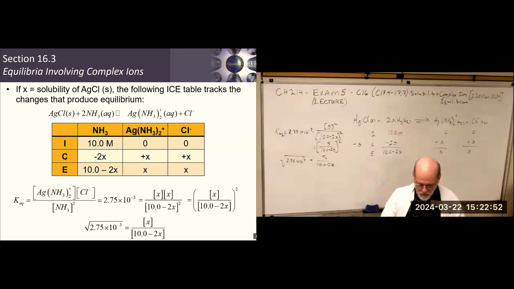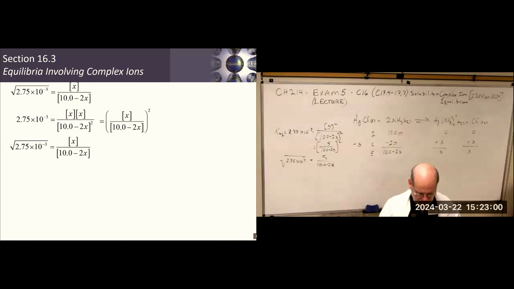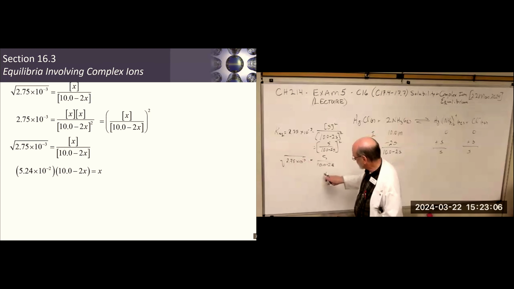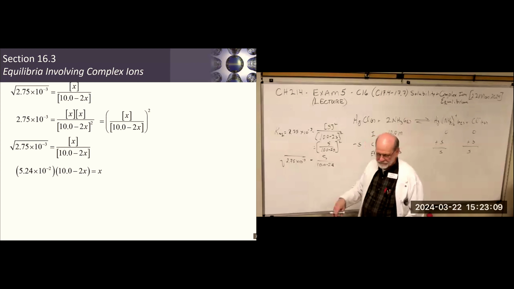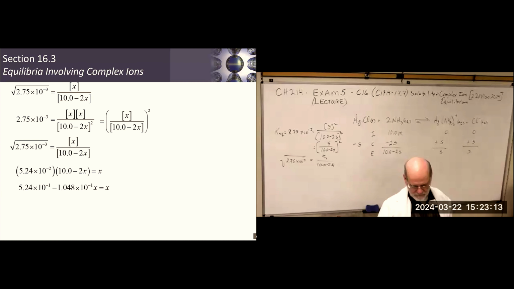All right, if we keep working our way down, I had to go to the next slide. Keep working our way down. Right. Then we get the square root of this times this value. And it's a matter of solving for the unknown from that point on. Right. And that's what these manipulations are doing.